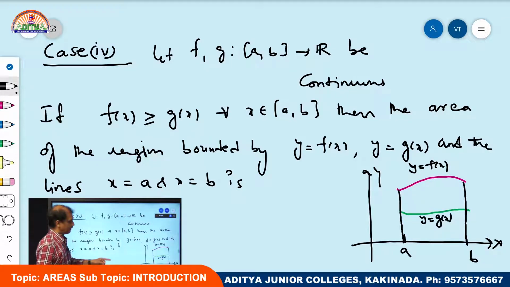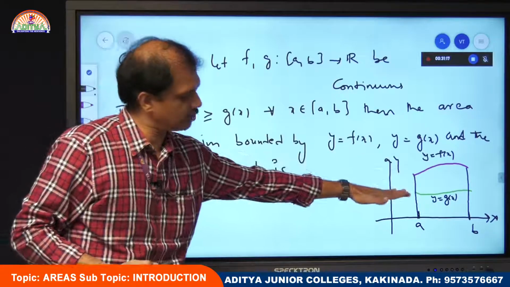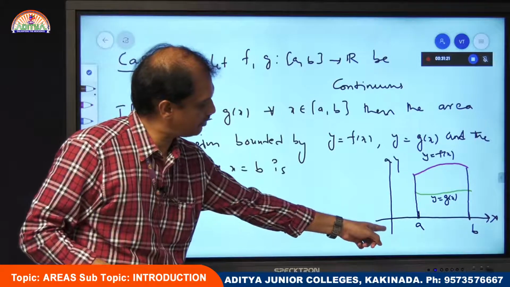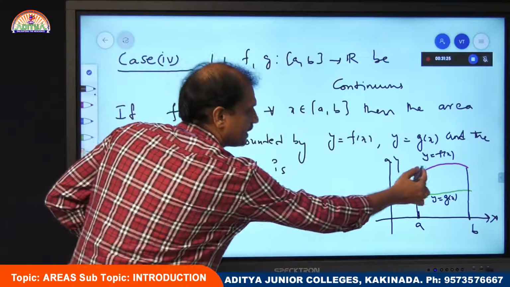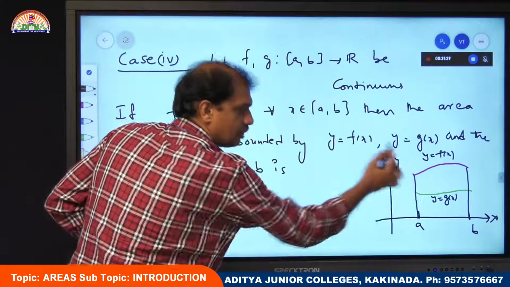See here, for all x values in between a and b, our f of x values are always more than g of x. How can I say? See, f of x values and g of x are always along the y-axis. That means if you consider any value like this, all these are always greater than g of x.